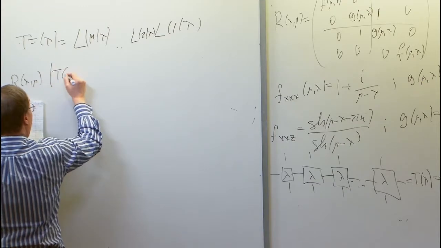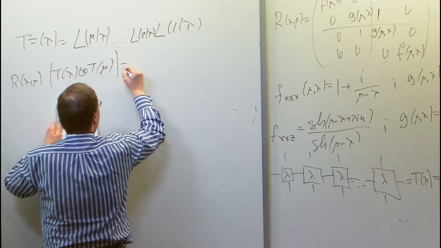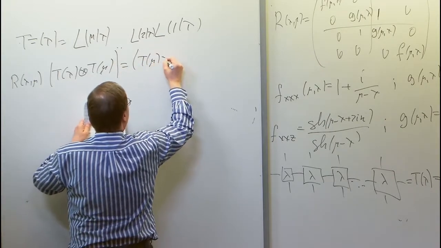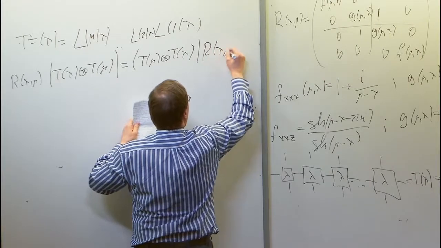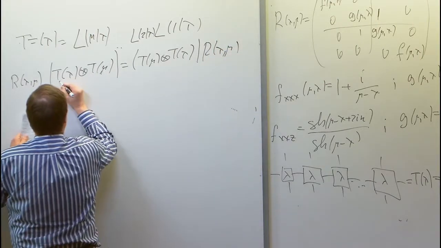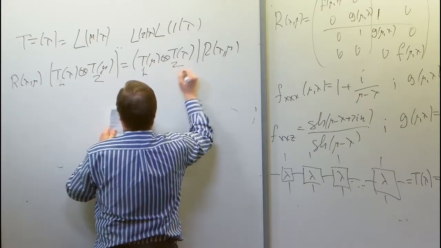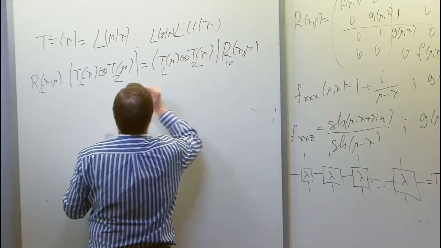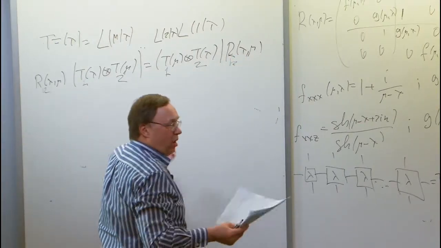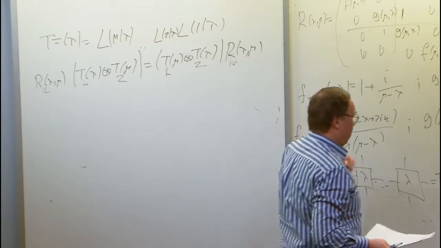Here I have T lambda T mu equal to T mu T lambda with R lambda mu. I can put in the indices: this is the first auxiliary space, second, and this is 1, 2, 1, 2. The R matrix is exactly the same. This is a remarkable theorem, that everything works because of this co-multiplication.